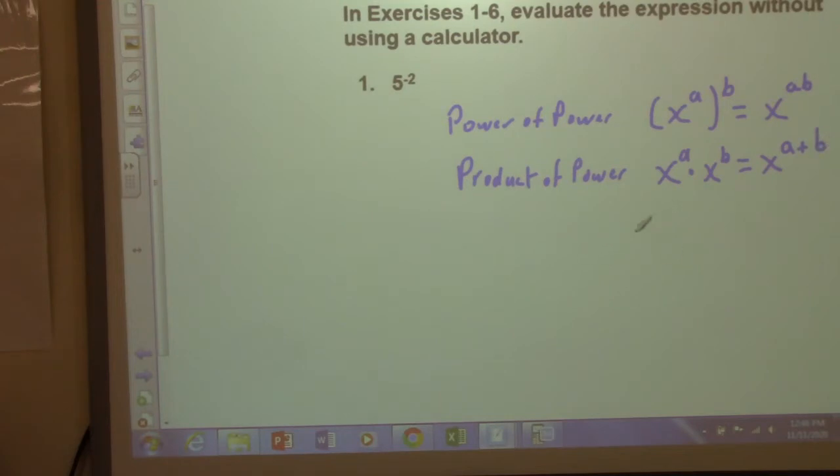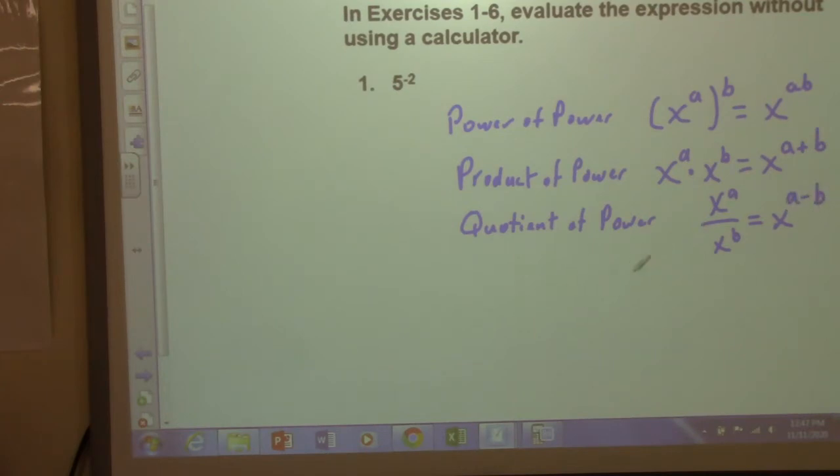Next thing we're going to have is called quotient of power. x to the power of a divided by x to the power of b is equal to x to the power of a minus b.